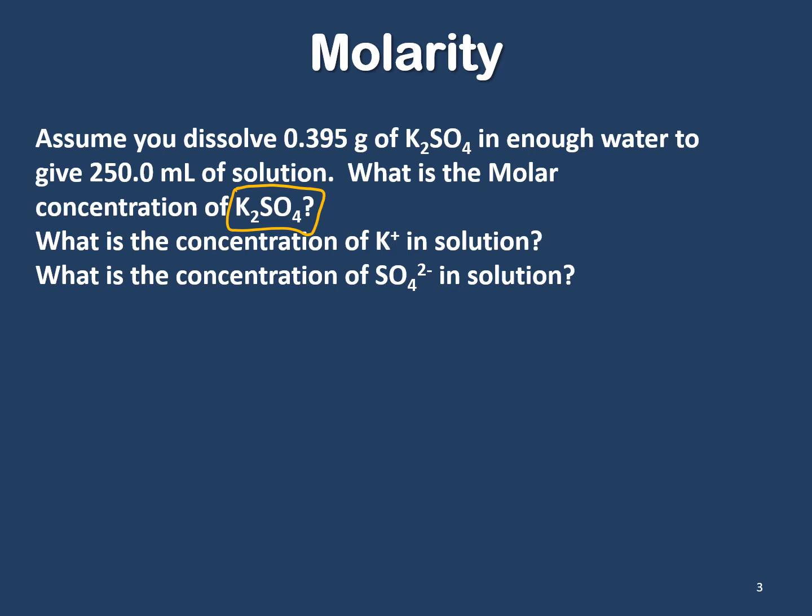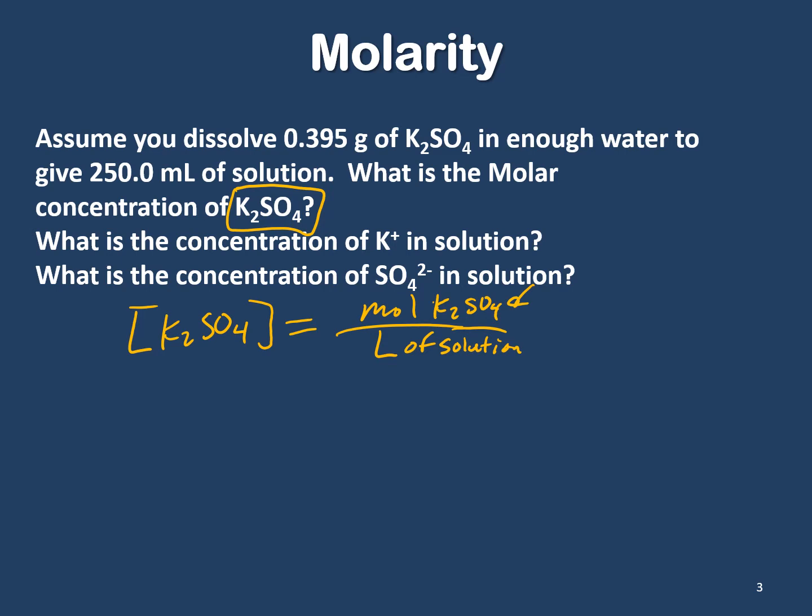Okay, so one of the first things we need to do if we want to calculate the concentration of K2SO4 is we need two values: moles over liters of solution. And this is moles of K2SO4, our solute. So if I want moles of K2SO4, I need the molar mass of it, and I need to get moles of it using the grams and the molar mass.